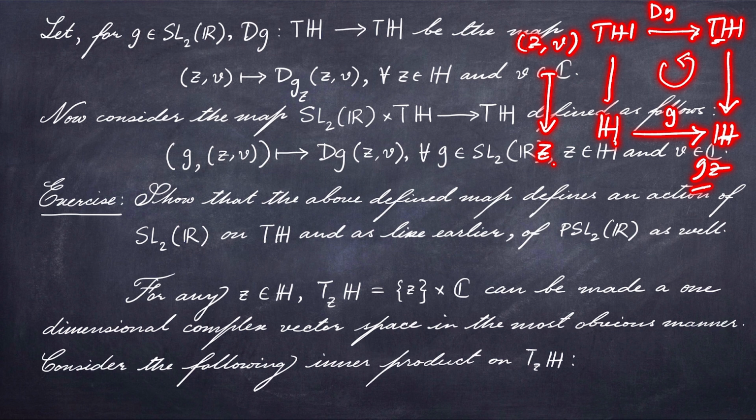So the reason for calling this action of SL2R on the tangent bundle a lift of the action is precisely the commutative diagram for every g. That is, you start with a point on the top, then you move it by Dg.